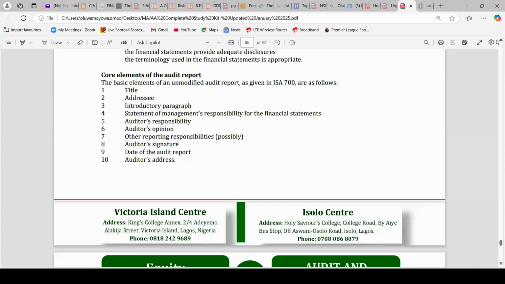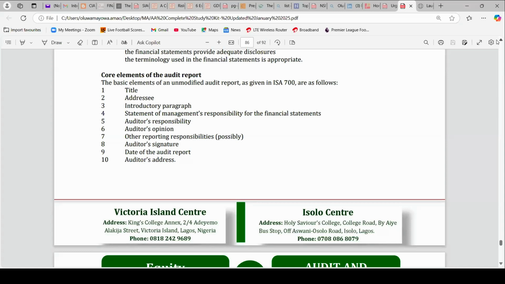And it doesn't mean that the opinion has been modified. It only means that the auditor is stating some areas of significance for the users of the financial statements. So you don't have to modify the opinion, but you are drawing attention to these key areas in the audit. Now, what are those significant areas?